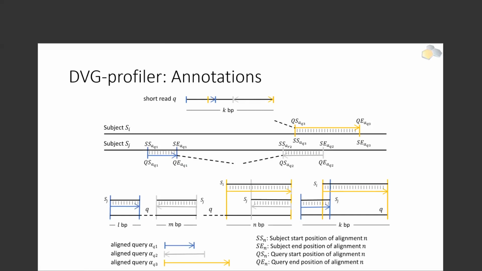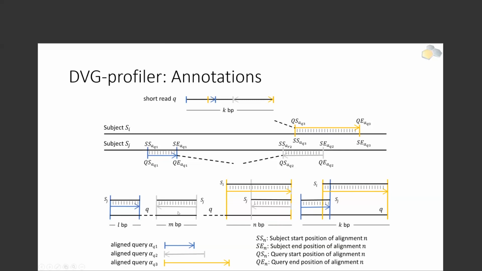Exactly how these subsections of the read combine with each other is the justification that we're looking for in order to assess whether a read is capturing a junction, a DVG in this case. How they orient themselves with regards to the read and the subject, and the direction, is practically what defines the potential DVG that this junction captures.